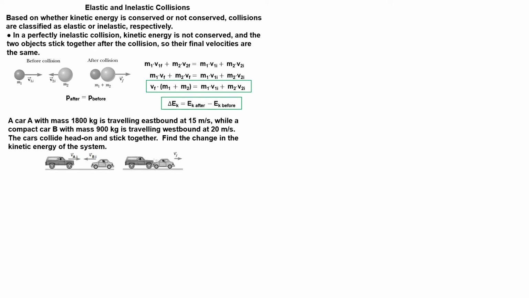To find the change in the kinetic energy of the system, we need to calculate the velocity after collision. Then we use the conservation of momentum. Substitute the values and solve for the final velocity.